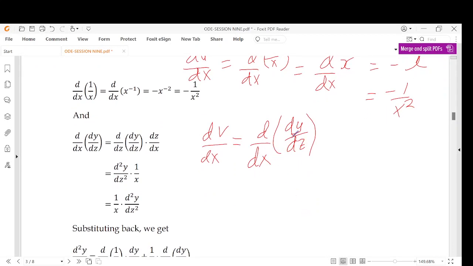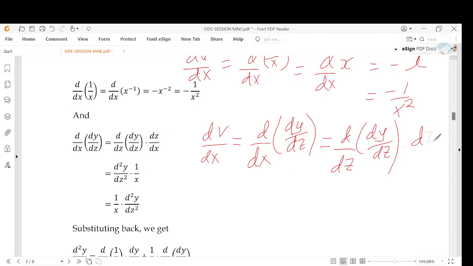What we can do is apply the chain rule. We first differentiate this function with respect to z, and then because we want dx, we multiply by dz by dx.